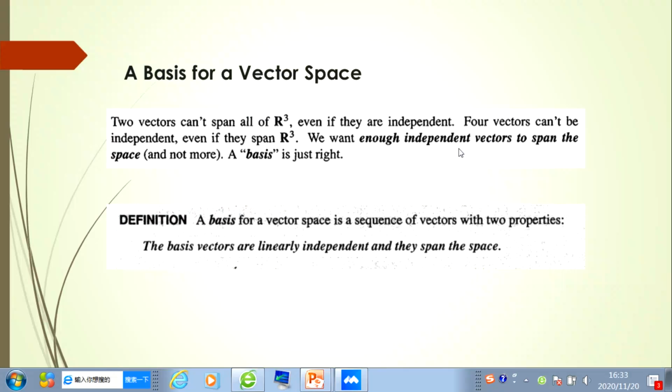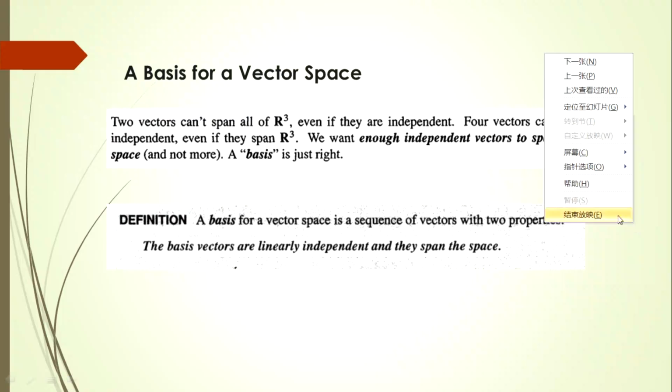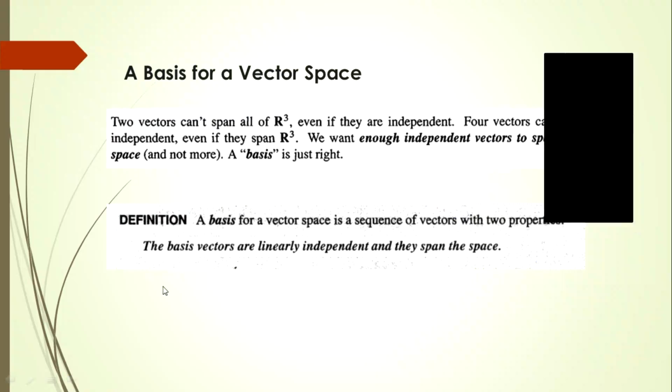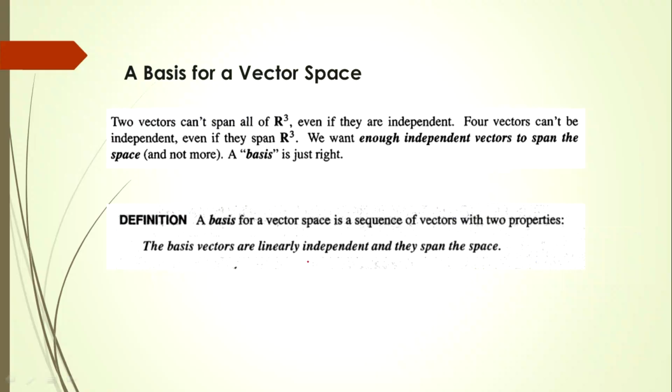So we want enough independent vectors to span the space. That is called the basis. A basis for a vector space is the sequence of vectors with two properties. The basis vectors are linearly independent, and they can span the space.